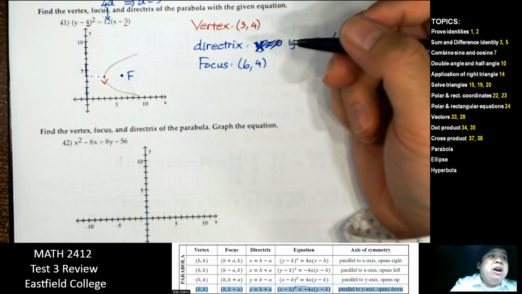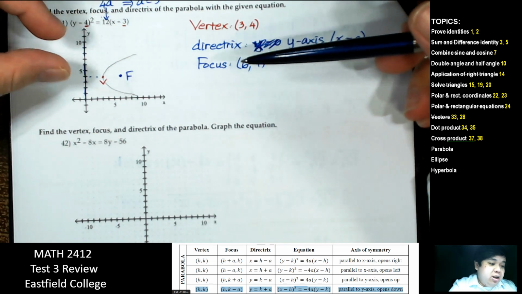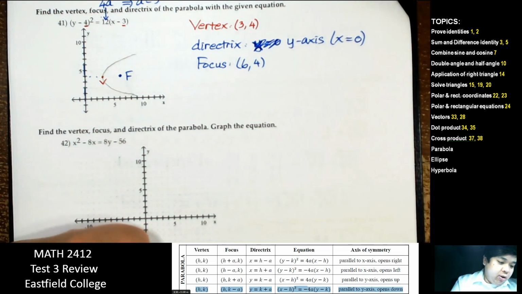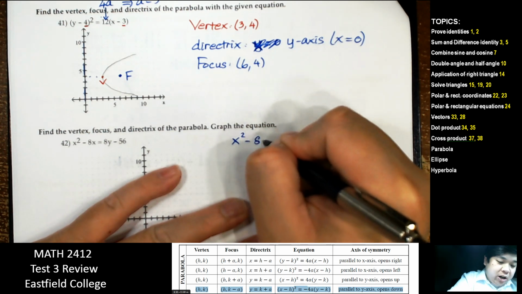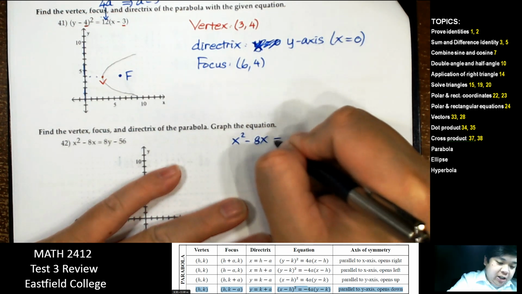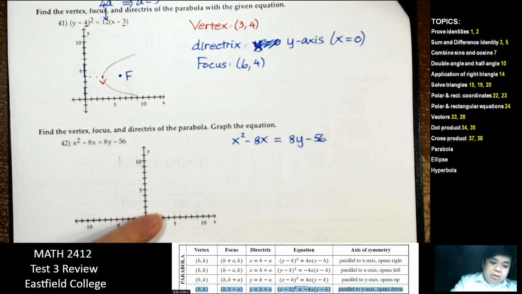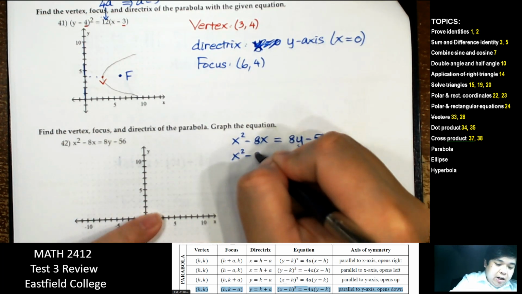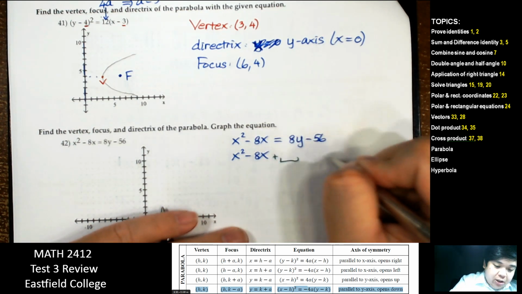Right, so you have to know the relation between the graph and the equation. Talking about equations, this one did not give us directly, but what we can do is this. First, we complete the square. We will add something to both sides.